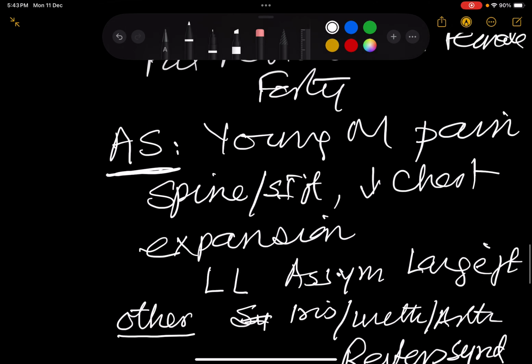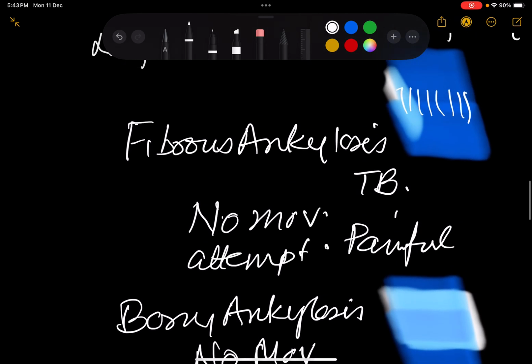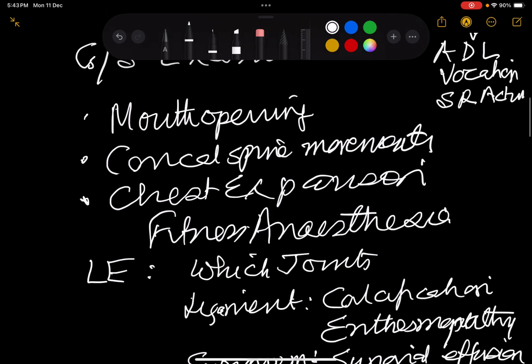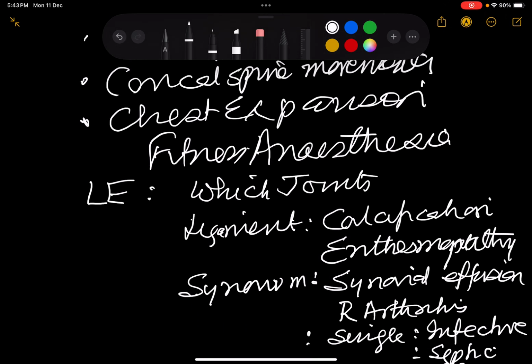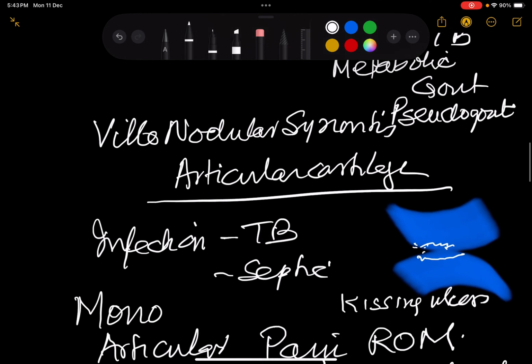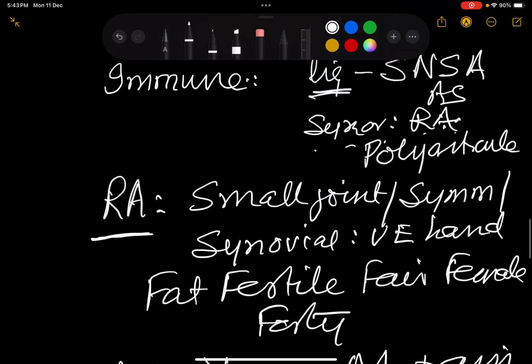So we have been able to classify joint involvement, and the joint involvement can be, first, which joints, large or small, whether ligament is involved, there is tenderness and calcification, whether the synovium is involved, whether the articular cartilage is involved, and these are the components of the joints.